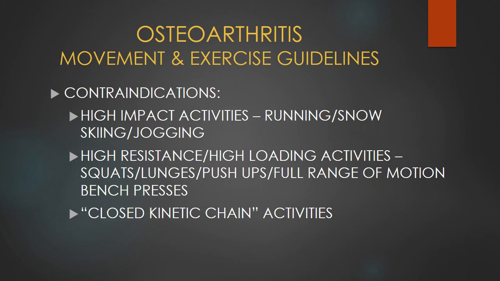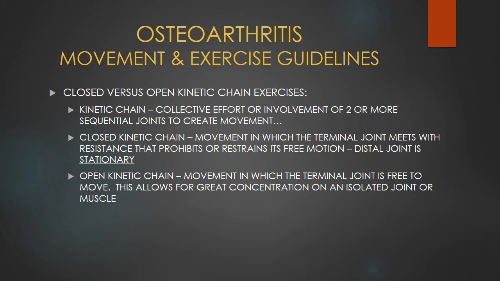It's going to exacerbate their pain, and it's going to accelerate the degenerative change. For that reason, and in general, unless the patient can tolerate it, we begin by eliminating the closed kinetic chain activities, opting instead for what we refer to as the open chain kinetic activity.